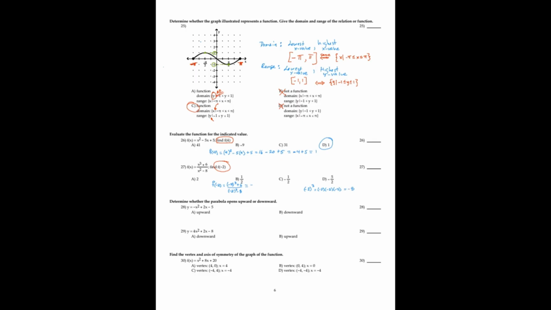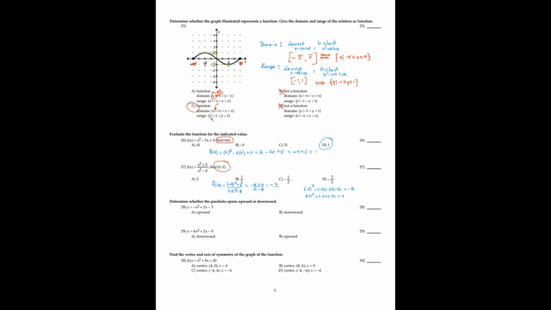Now, negative 2 squared. Remember that is negative 2 times negative 2, which is positive 4. So you get 4 minus 8. Now, minus 8 plus 6 is minus 2, over 4 minus 8, which is minus 4.